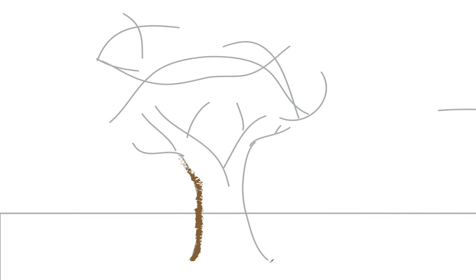Now I'm drawing from the bottom up because I want a heavier stroke at the bottom. So you can see the charcoal feather stroke is being applied. The stroke is the brown color, and it's taken on the style called charcoal feather.